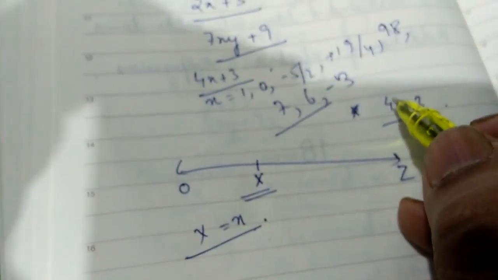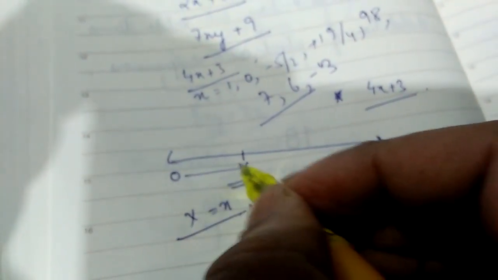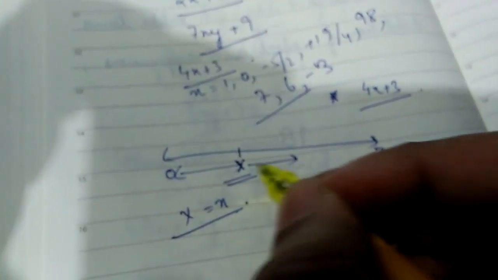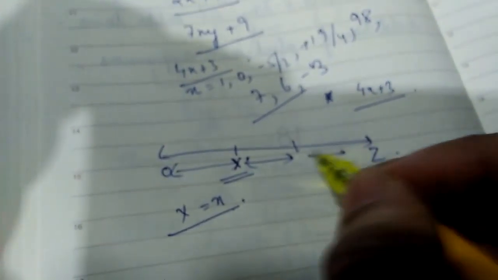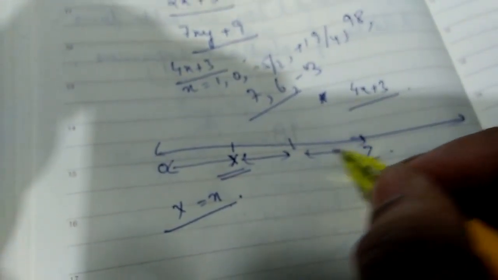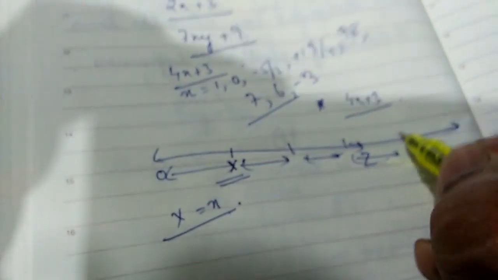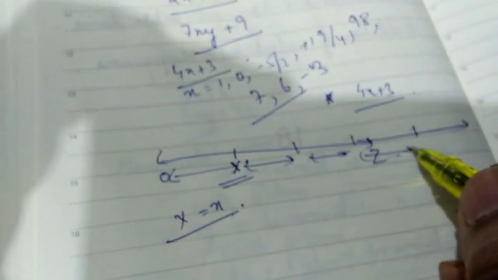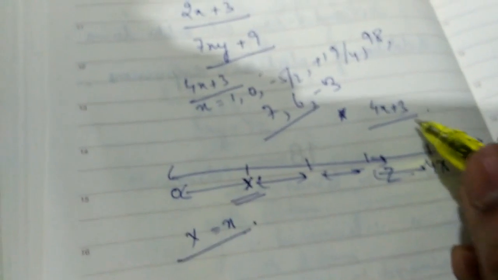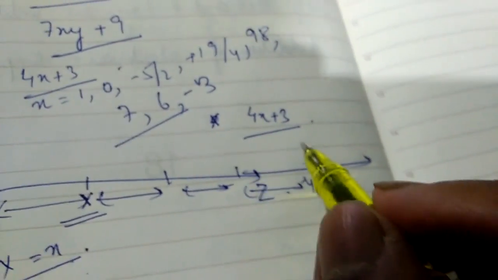Because it has been multiplied, 4x, let's just suppose this is one unit, this is the second unit, this is the third unit, this is the fourth unit. So this is going to be 4x. Now plus 3.